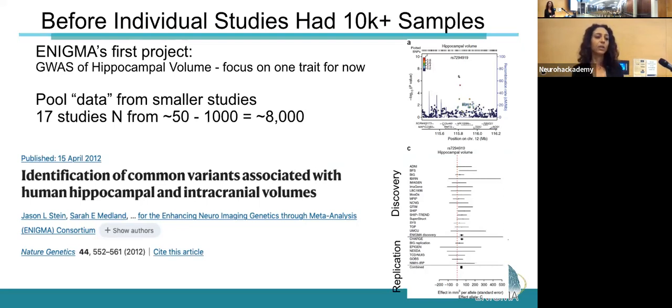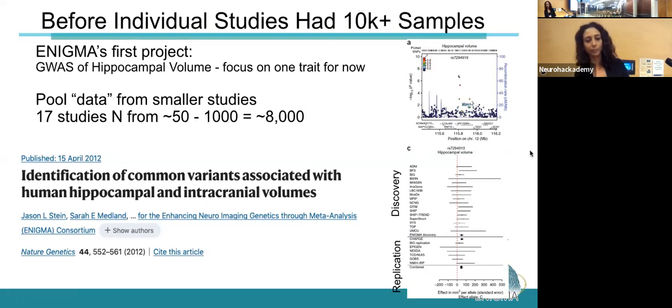And they happened to include neuroimaging and genetics in this work. These studies ranged in sample size from about 50 to at most about 1,000. ADNI was one of our biggest samples with about 800 individuals in that study.